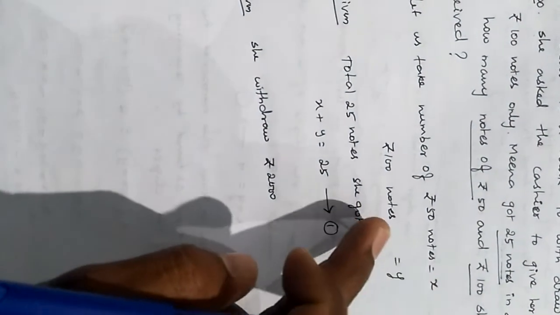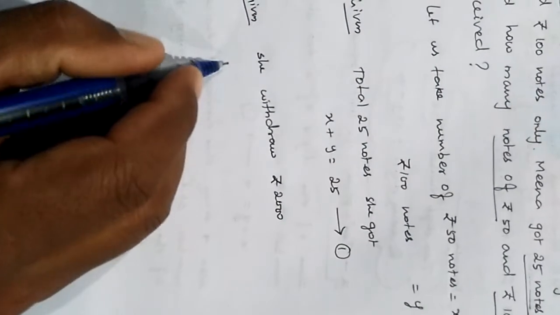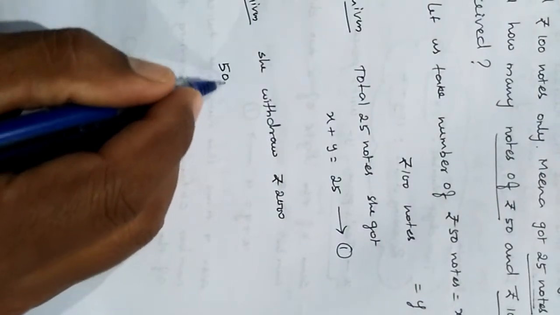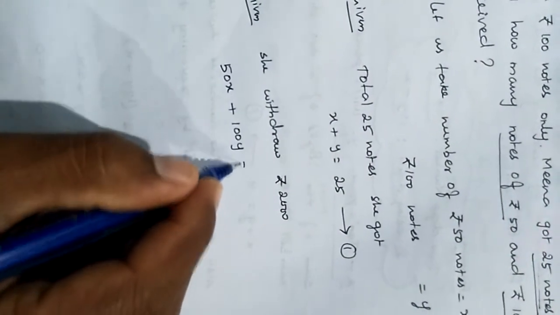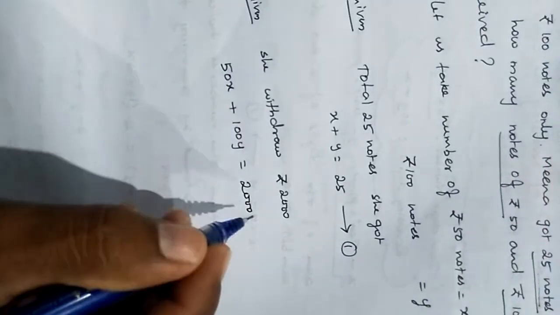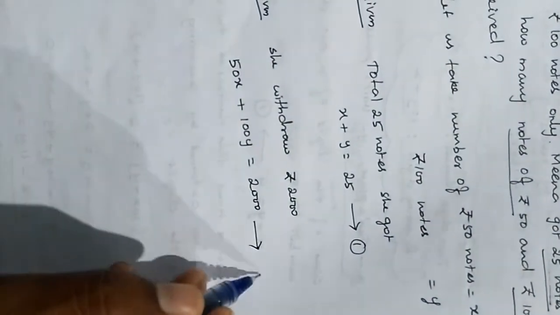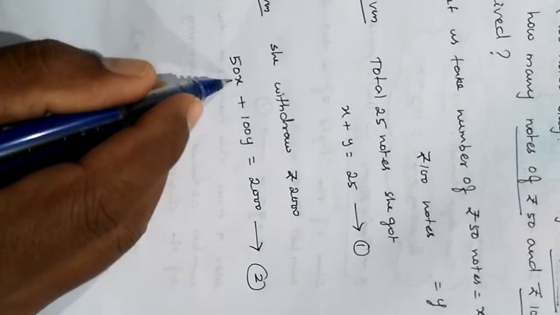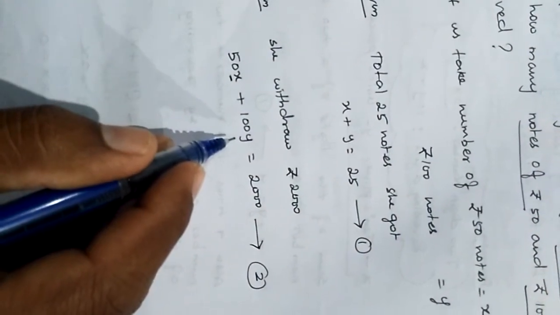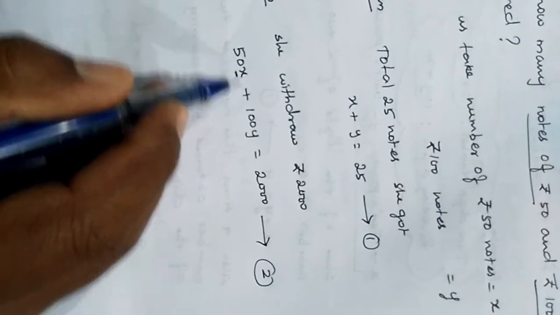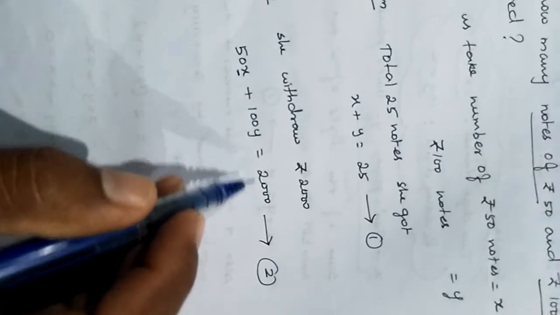Rupees 50s and rupees 100s. So let us take 50 into x plus 100 into y equal to 2000 rupees. This is the equation number 2, because x represents the number of 50 notes, y represents the number of 100 notes. So 50 into x plus 100 into y equal to only 2000.